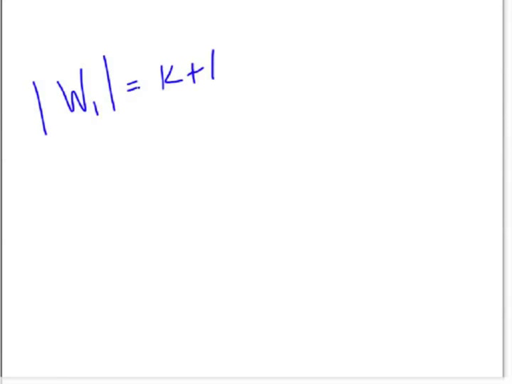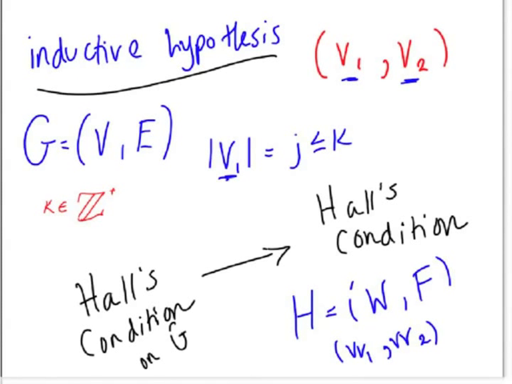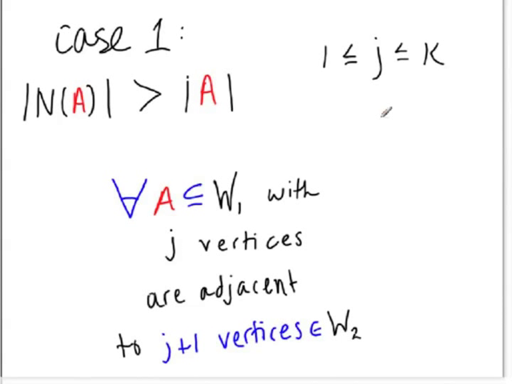And we're going to have to show that when Hall's condition on the simple graph G is true, and we assume that to be true, that Hall's condition on this bipartite graph H holds for k plus 1 elements in the vertex set W as well. Our first case is going to prove the strictly greater than condition of Hall's condition.